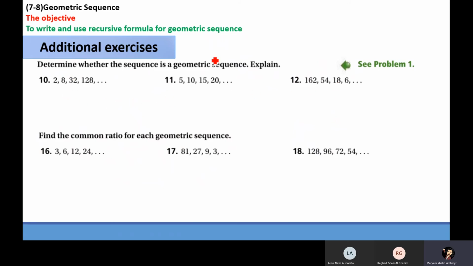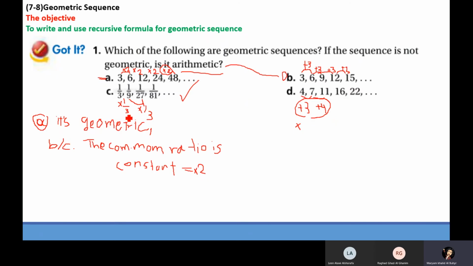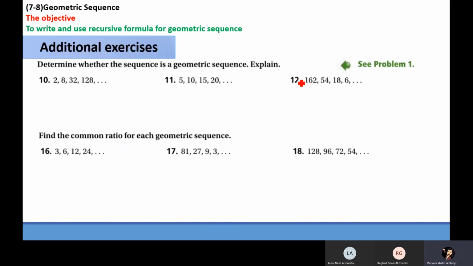The only difference is that you need to explain, and I did the explanation here. You can just say it's geometric because the common ratio is constant. If it's arithmetic like this one, you have to say it's arithmetic because the common difference is constant, not the common ratio.